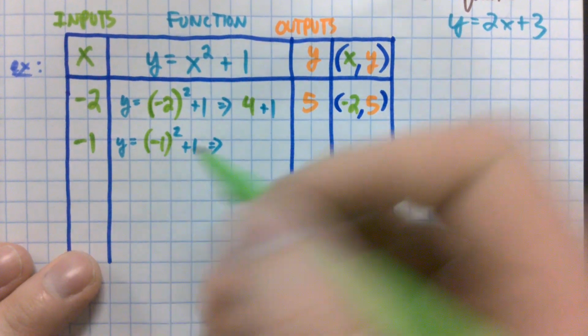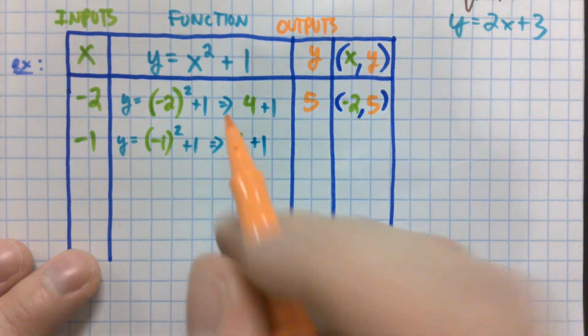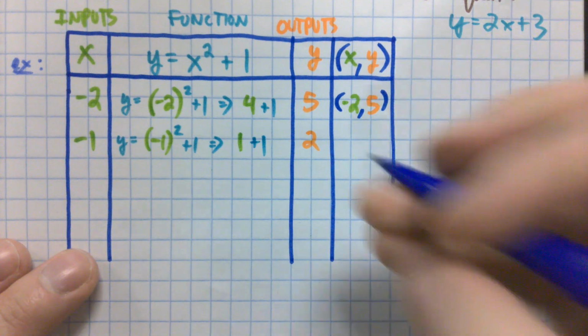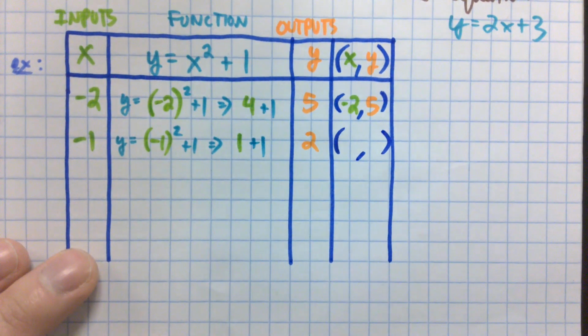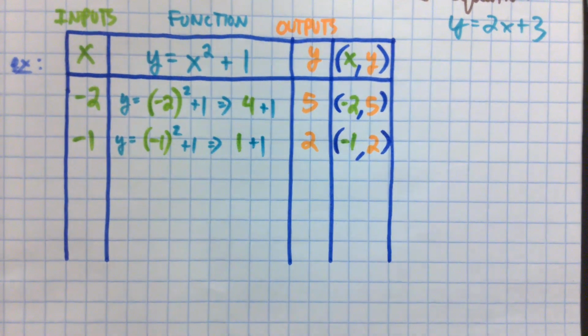Yeah, a negative times a negative gives us positive. Everyone should know this. What is 1 plus 1? 2. There we go. So we've got negative 1, comma, 2.